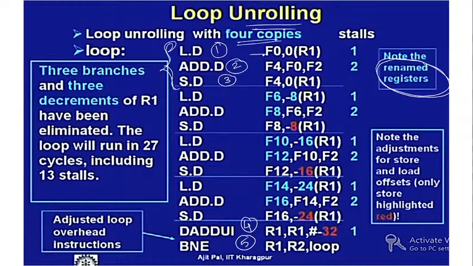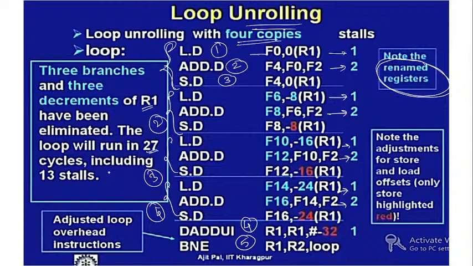So this is loop unrolling with 4 copies. This is 1 copy, this is the second copy, third copy and 4th copy. So there are 3 branches and 3 decrements of R1 that have been eliminated, and the loop will run 27 cycles including the 13 stalls.